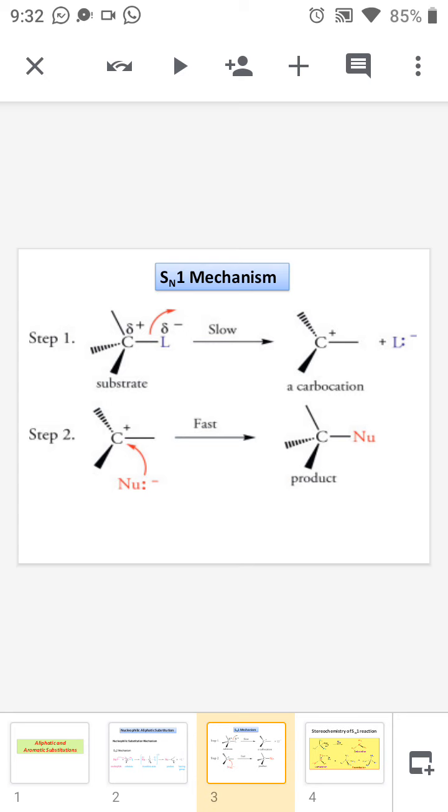So the rate of the reaction depends upon this step 1, and it is a unimolecular reaction because the rate of the reaction only depends upon the concentration of the substrate. Then next is the fast step: the nucleophile will attack the carbocation and form the product.